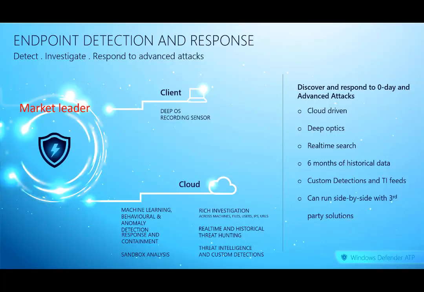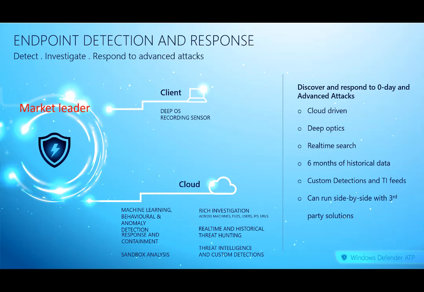So the way it works, we have a sensor, sits on Windows 10. It is also available for Windows 7 and 8.1. That is not built in, so you would have to deploy an agent. And then we have the cloud element. So all of the telemetry comes from the endpoint and goes up to the cloud, where we have machine learning, behavioral analytics to understand what is suspicious behavior that's running on that device.